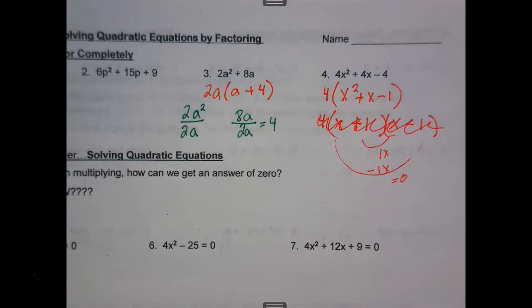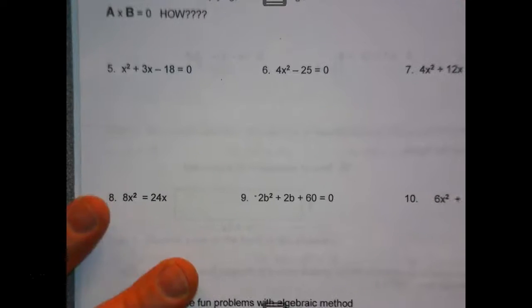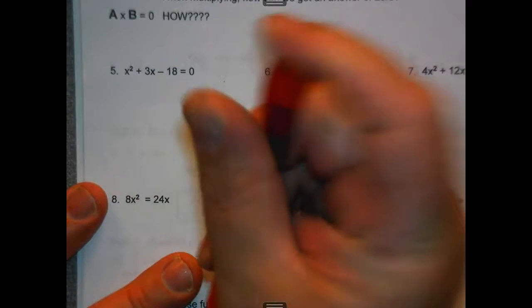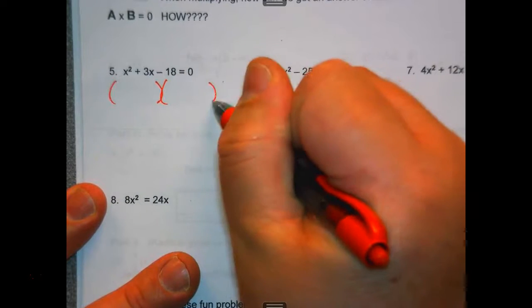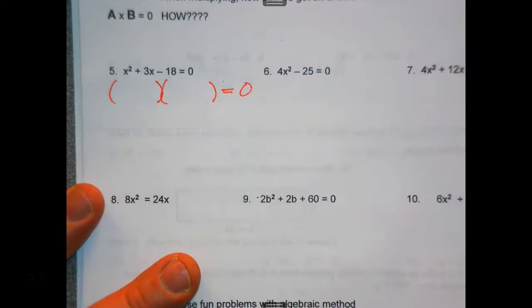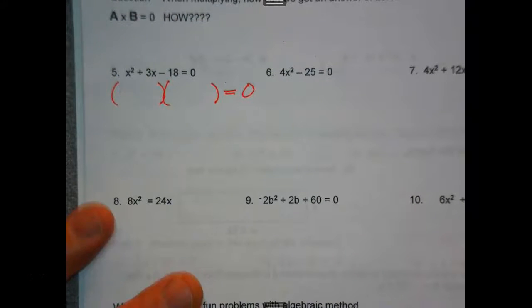All right. Number 5. Can I factor this? Be careful, these are set equal to 0, so I have to not only factor, I have to solve. All right.